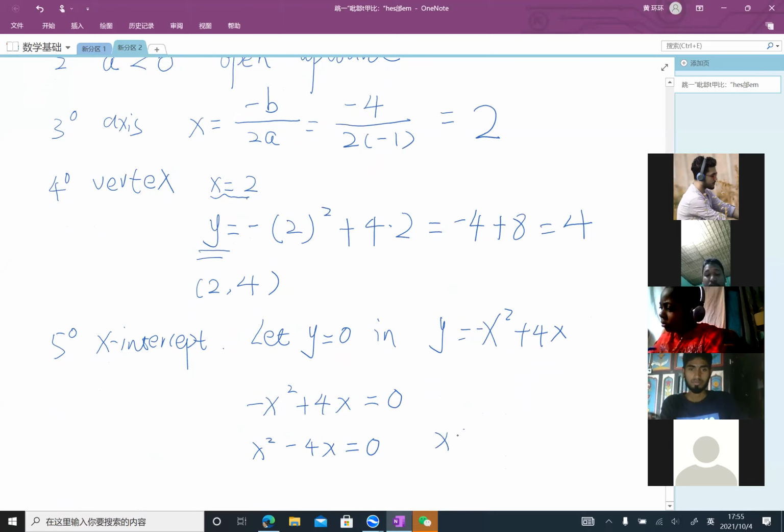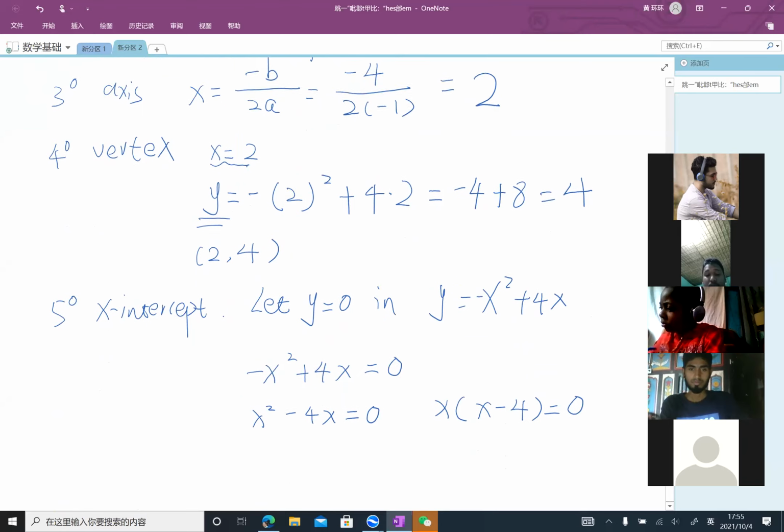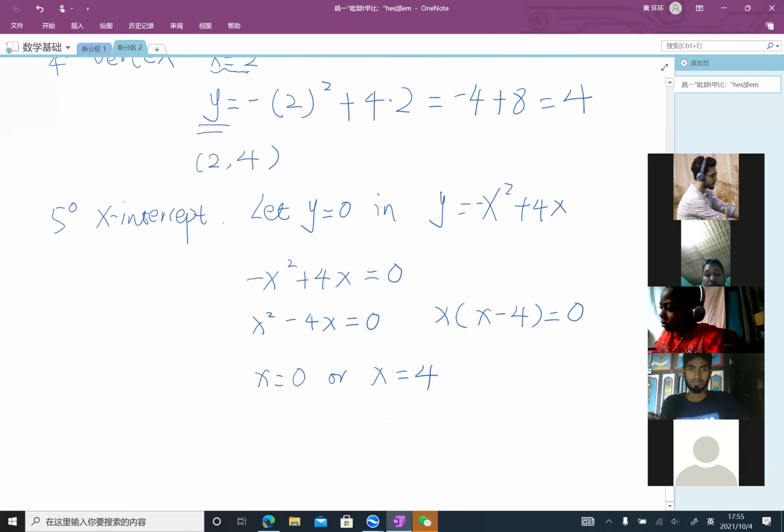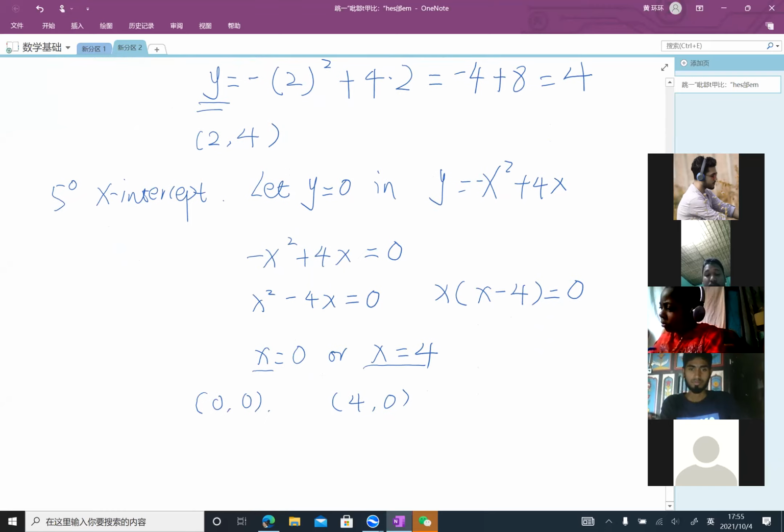So x multiplied by x minus 4 is equal to 0, and then x is equal to 0 or x is equal to 4. So we get two solutions. The x-intercepts for this parabola are (0, 0) and (4, 0). These are two x-intercepts.